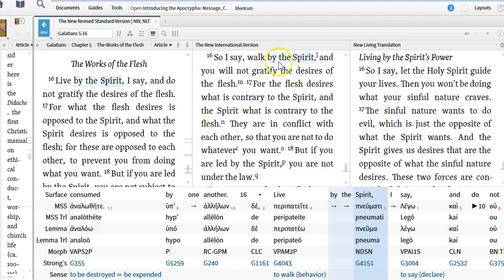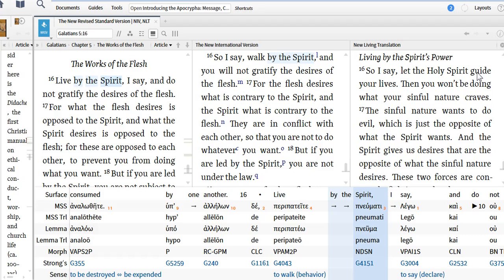And the question then is, how shall I put this? Instead of allowing the Spirit to simply remain an instrument or a means, the Spirit now becomes the subject of the verb guide, which isn't in the Greek at all.